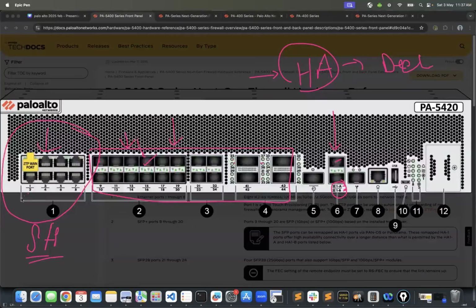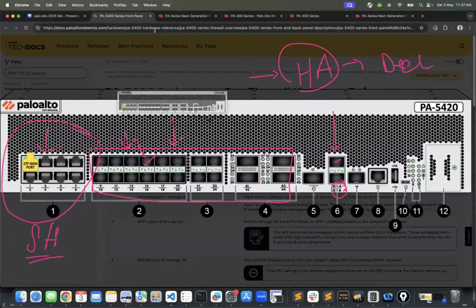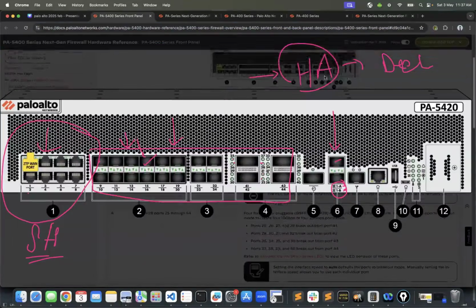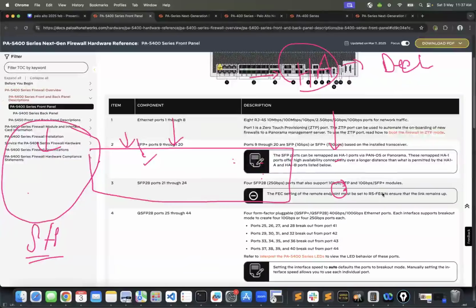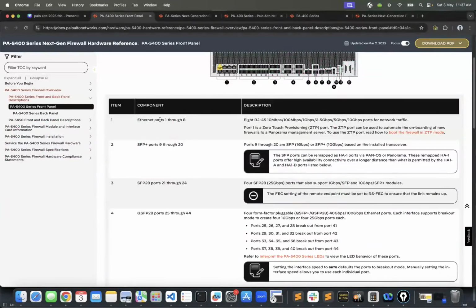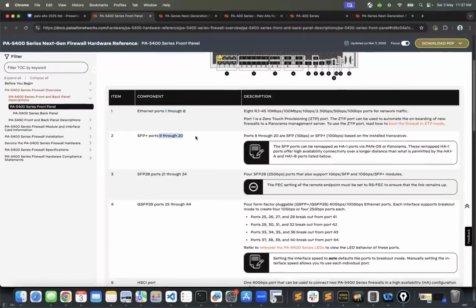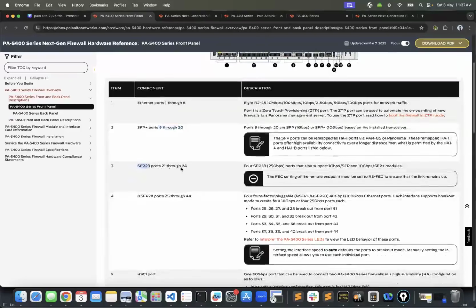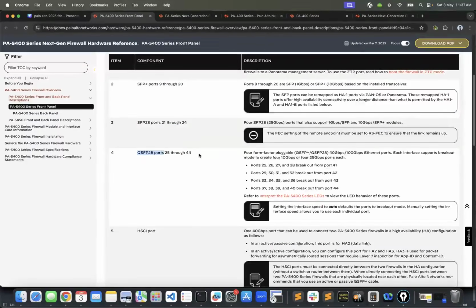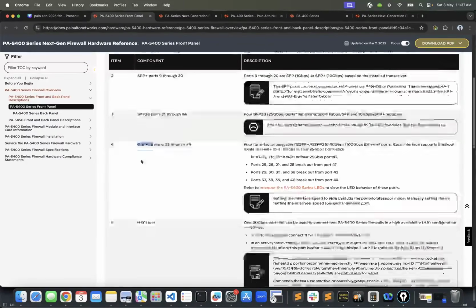One second, please. Let me show you how many ports there are. If you see here, Ethernet 1 to 8, then SFP 9 to 20. QSFP is also there.